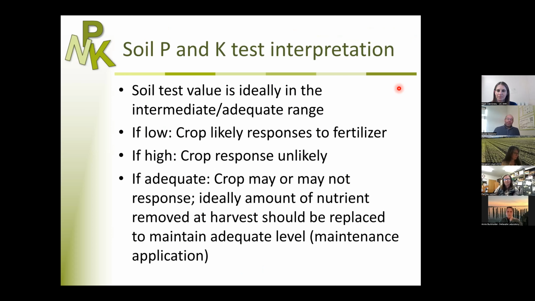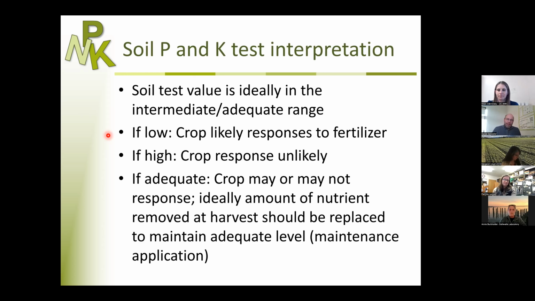As Annie has mentioned, the results from a lab may look different depending on the lab, but most of the time the availability is on a scale from very low to very high. And the goal is to have some intermediate or adequate or normal availability of the nutrients. If the availability is low, that means the crop is likely going to respond to fertilizer applications.